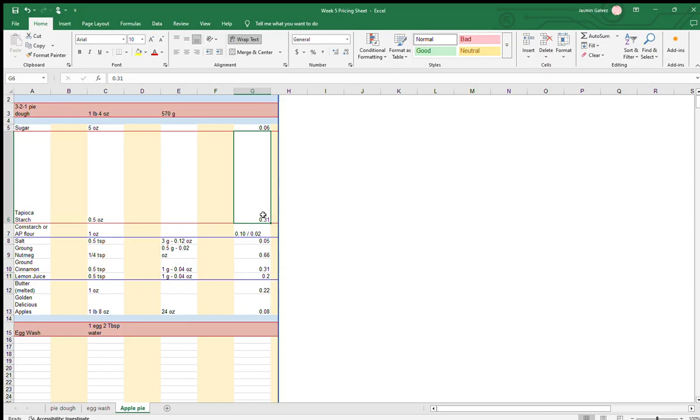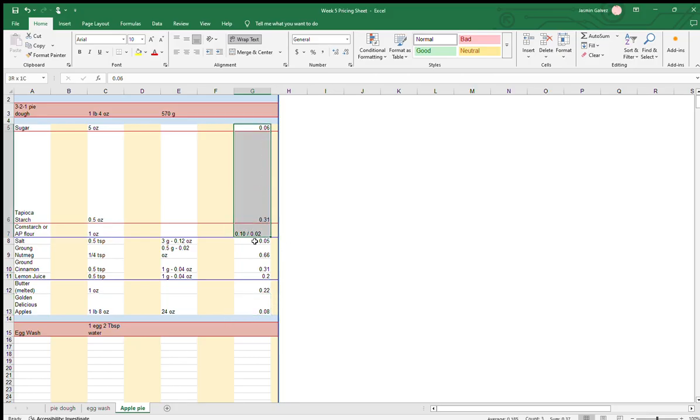In the end, I got 0.31 cents per ounce. Cornstarch is 10 cents. AP flour is 2 cents. Salt is 5 cents. Nutmeg is 66. Ground cinnamon is 31. Lemon juice is 20. Butter is 22. Apples are 8 cents.